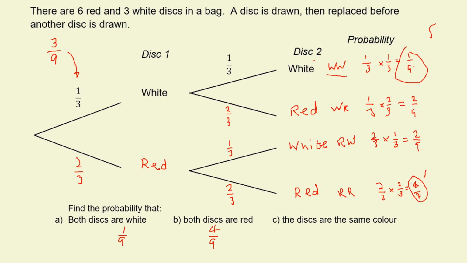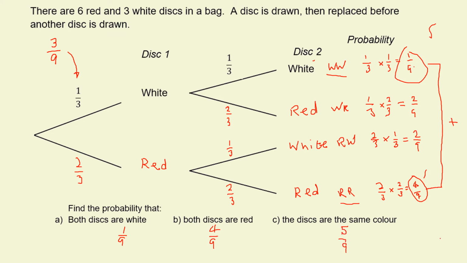This bit and this bit. Yeah. So we just add them together. And that will tell me the chance that I'm at one of those. 1/9 and 4 ninths. How many ninths? 5 ninths. That's it. Yep, 5 ninths.